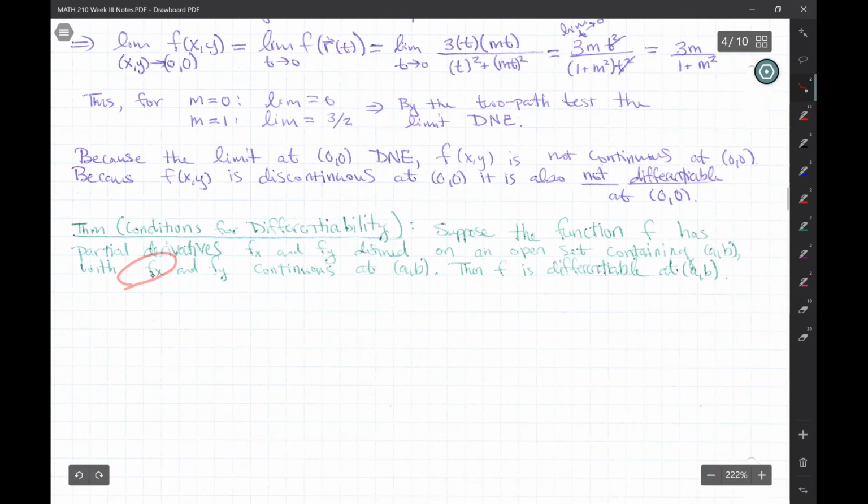So if you get that fx and fy are continuous at the point (a,b), then you know that the function is differentiable. So not only does the limit have to exist, but these have to be also continuous. And once the partial derivatives are continuous, then you could have the function being differentiable. Those are sufficient conditions for the function being differentiable.